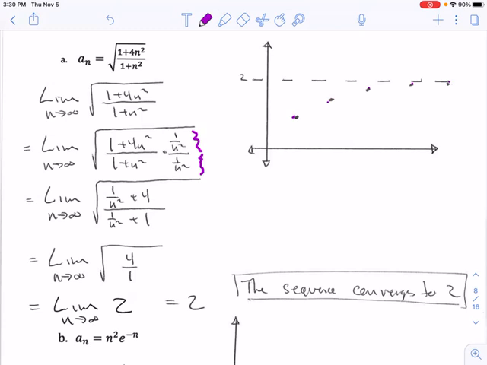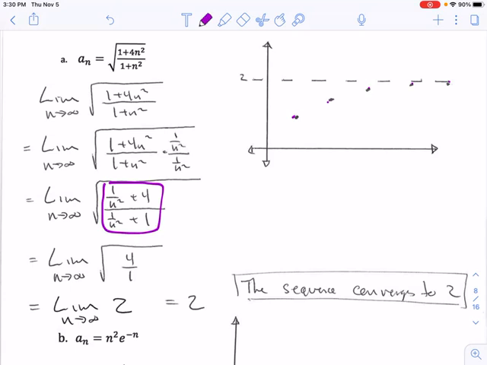Now we can do that because remember, when you divide anything by itself, it's simply equal to 1. So 1 over n squared divided by 1 over n squared is simply equal to 1. When we multiply something by 1, we don't change it. It stays the same. It just looks different. So we're multiplying by 1 in the form of 1 over n squared times 1 over n squared. That gives us this. Verify that this is what you get when you do that.